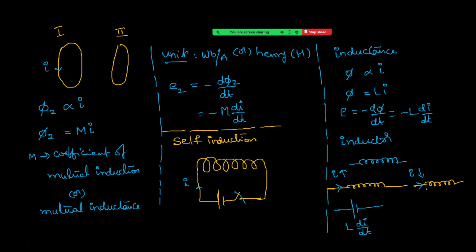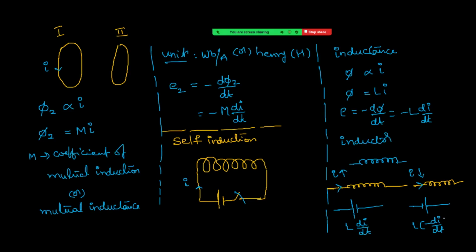Then since current is decreasing, it tries to increase it. That means if you want to replace it with a battery, it should be like this. And the EMF is now L into, you should be very careful here, L into minus di by dt.